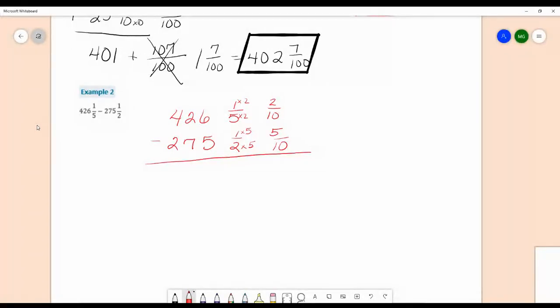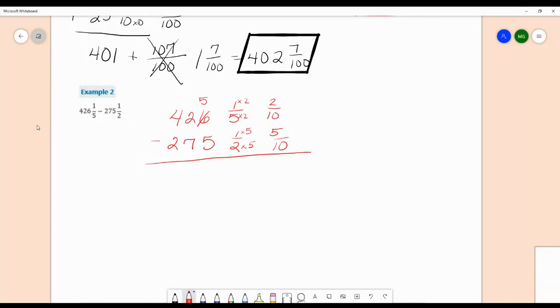So now we're going to go ahead and subtract. Can I take 2/10 minus 5/10? I can't, right? So I have to go next door and borrow. I'm borrowing from this 426. So if I borrow one from 426, I really now have 425 because I borrowed one.